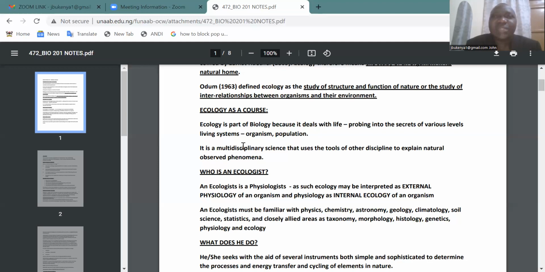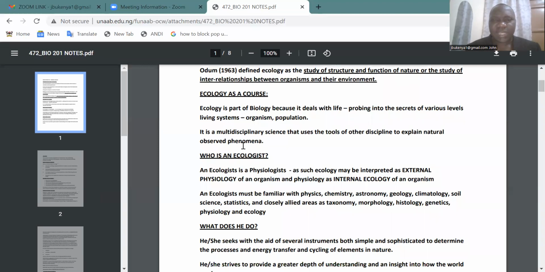Those interactions result in a stable, self-supporting, self-perpetuating system. And that system remains stable from time to time in absence of human interference.